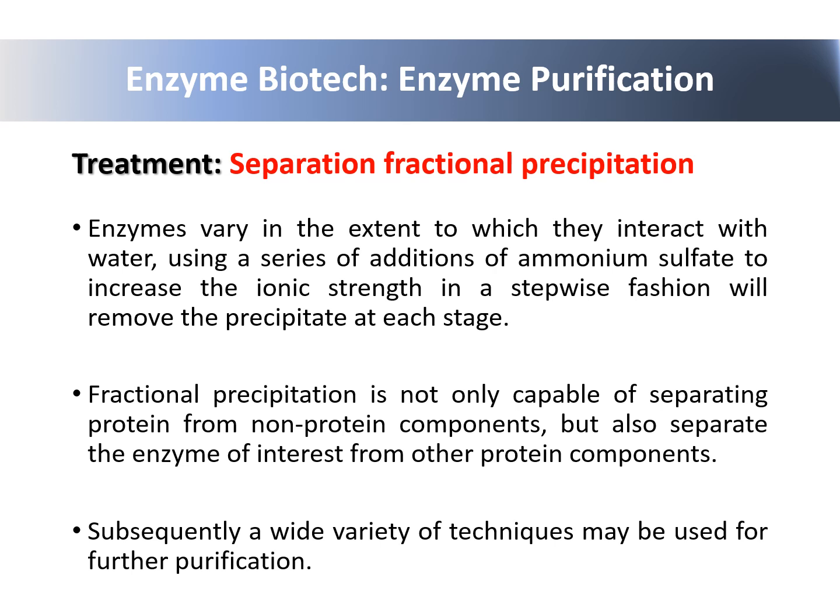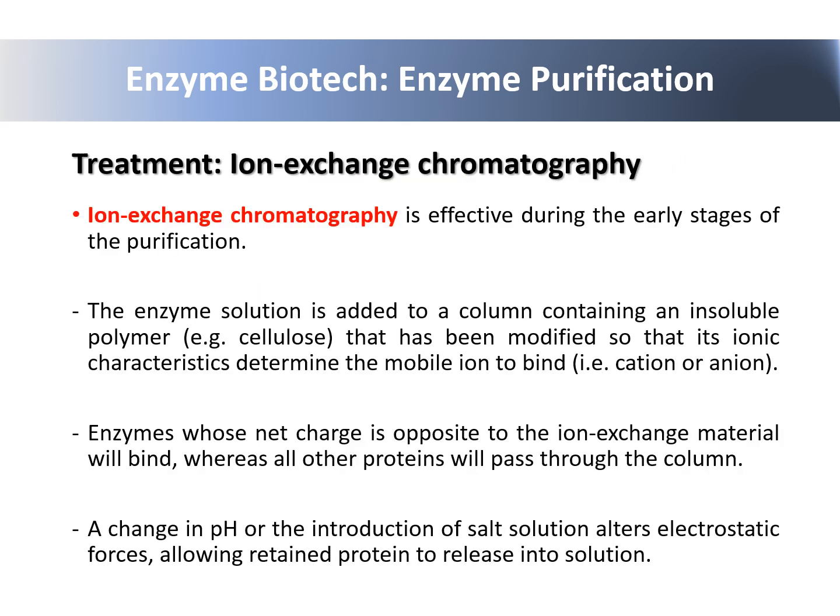All right, and subsequently, this is when we get to techniques that separate your enzyme of interest differently. It could be ion exchange chromatography, which is effective during the early stages of purification, right after fractional precipitation.